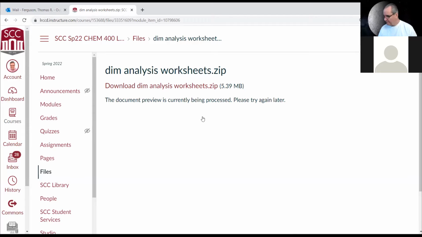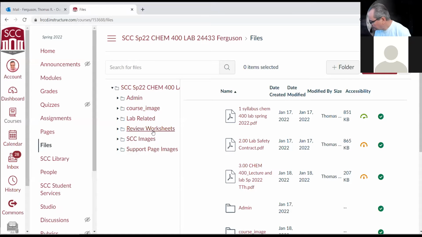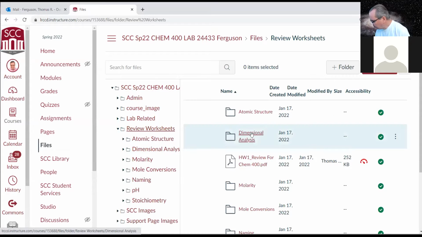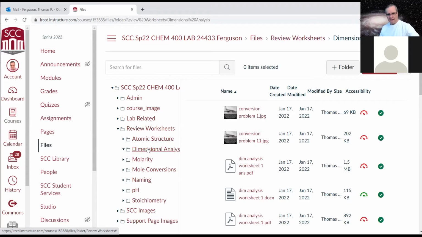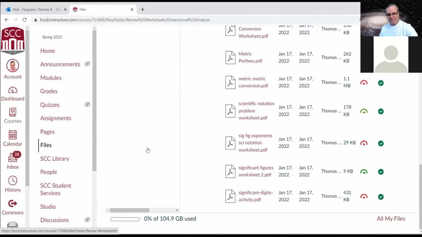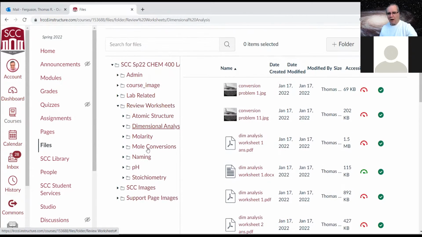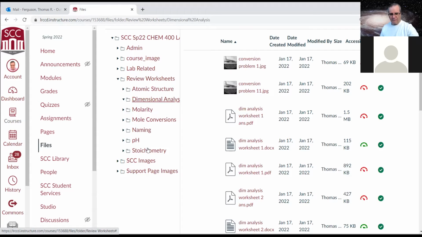The zip file is all of the files under dimensional analysis. So you can take one of these files, problems on sig figs and all this stuff, scientific notation. If you take all those in a zip file, that's the zip file available. So if you want all of them, download the zip file. If you want them individually, you can download them individually. Does that make sense? Yes.